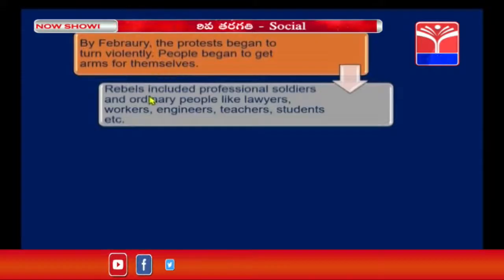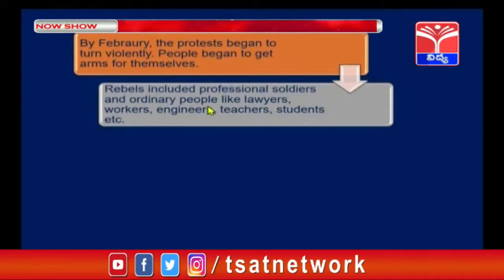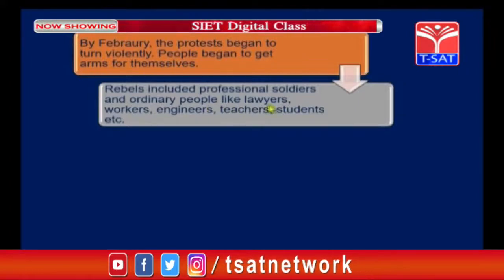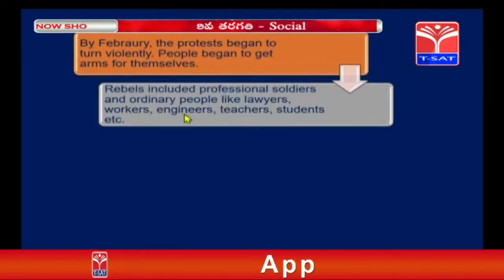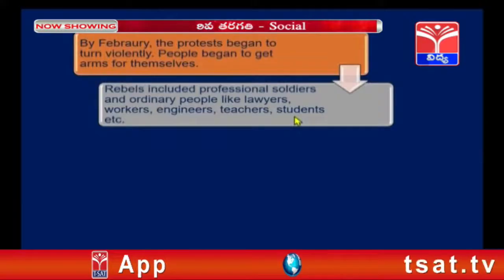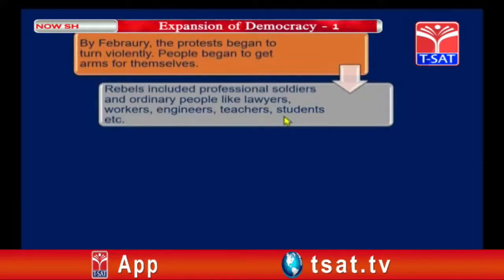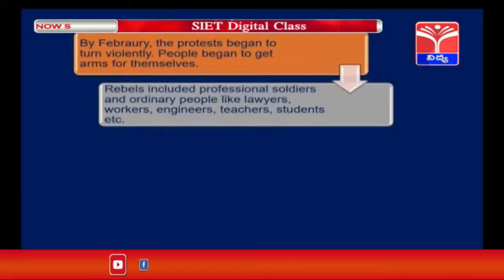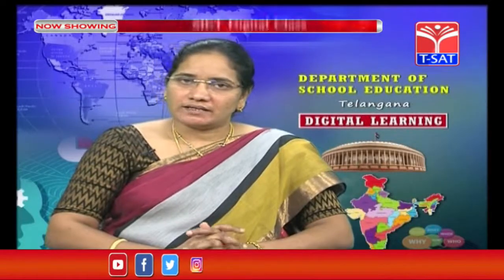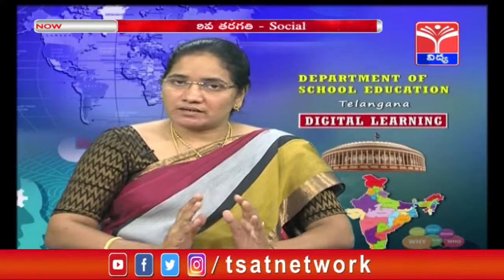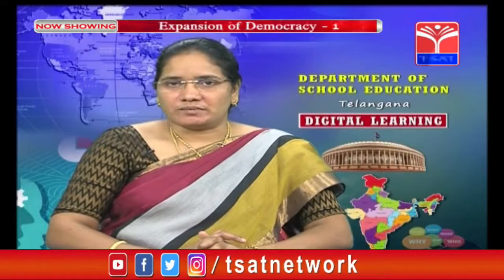And then the rebels included professional soldiers and even ordinary people, like lawyers, workers, engineers, teachers and even students. They all became one association or organization and started fighting as rebels against the government.